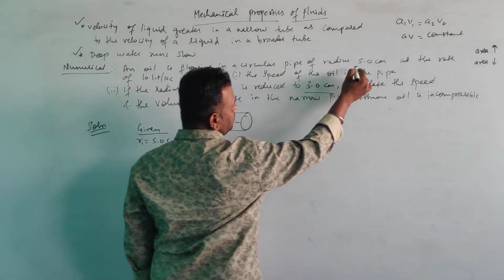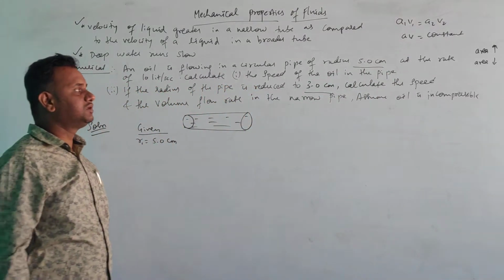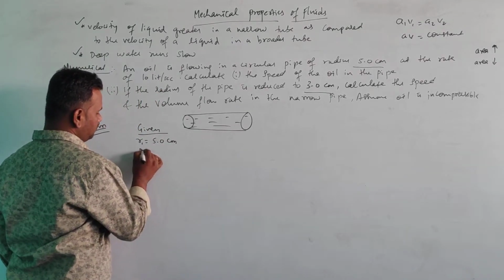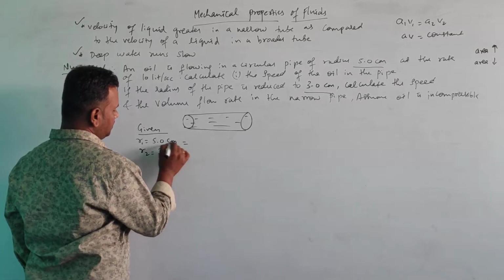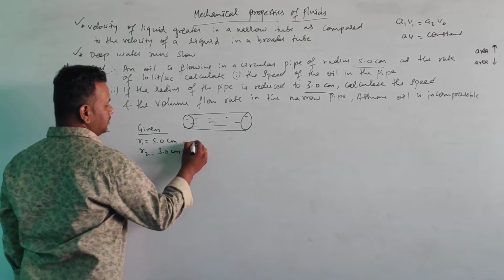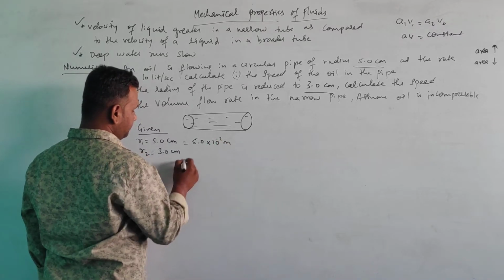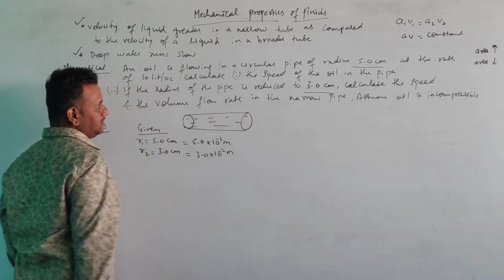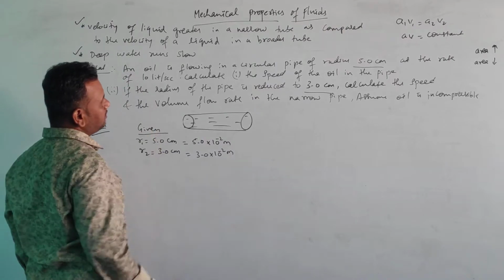In the second question he is telling that the radius is reduced, so we are considering the two radii R1 and R2. R2 is equal to 3.0 centimeter. Here we convert it to meter, so 5.0 into 10 to the power of minus 2 meter and 3.0 into 10 to the power of minus 2 meter.